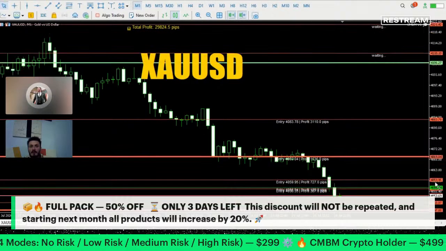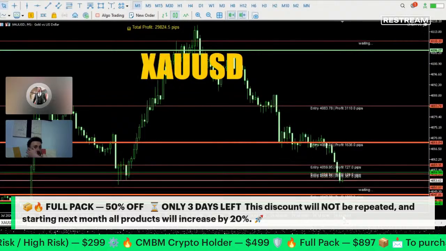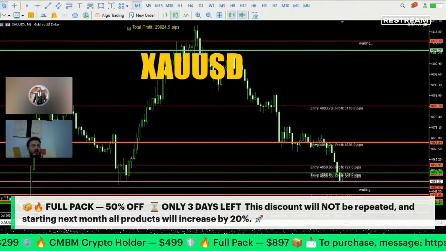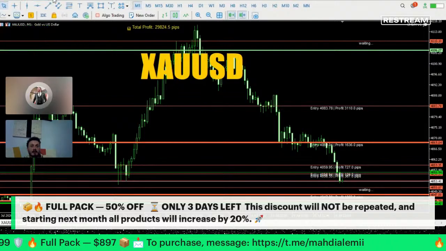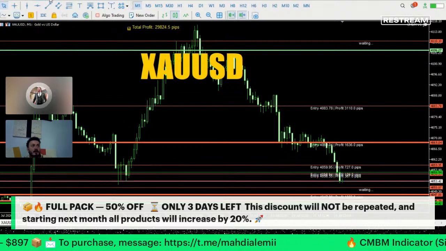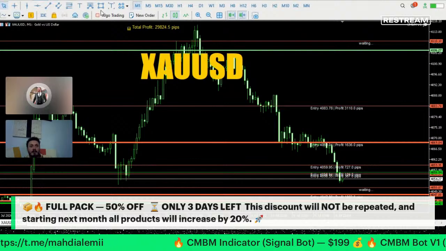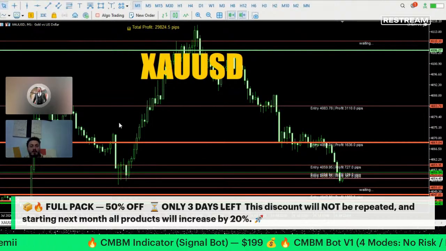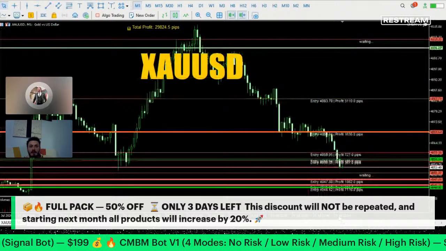4056. If you want to go and trade, just put a place for a stop. For example, if you want to trade with CMBM levels on a stream, you can put an indicator, for example, volume. Put volume on your chart and see the CMBM levels.